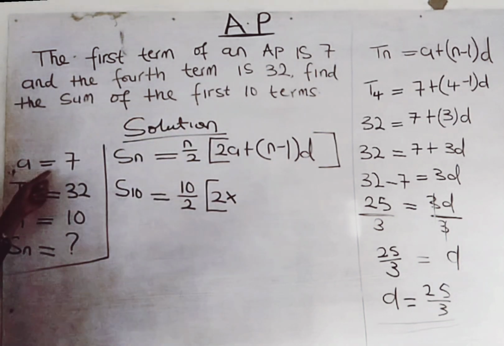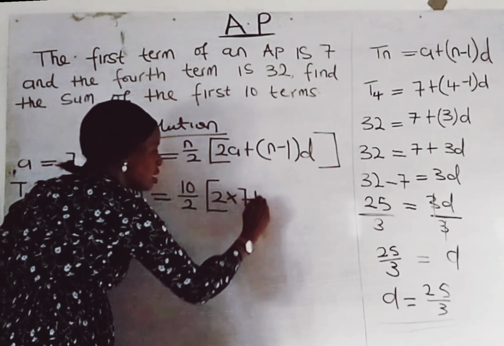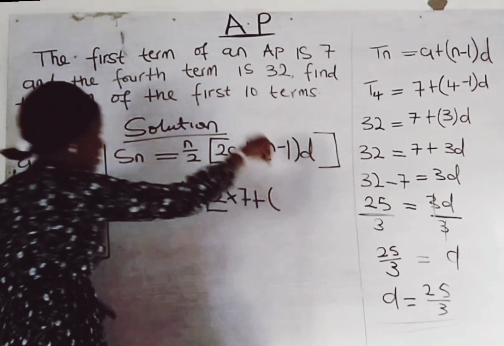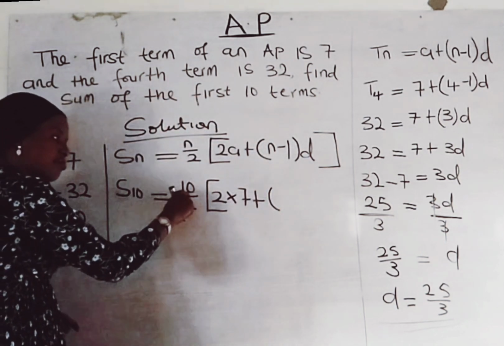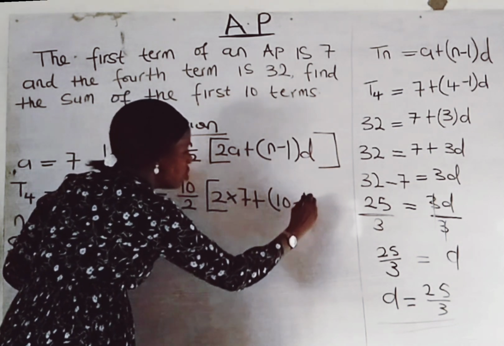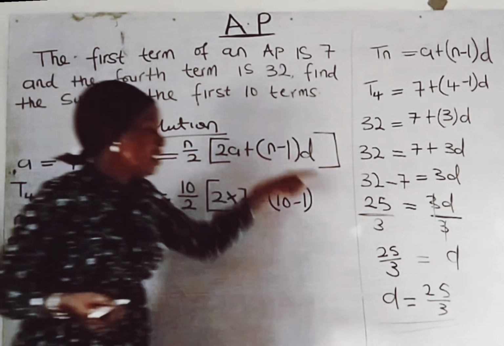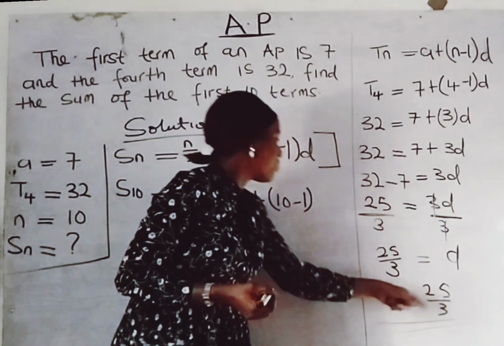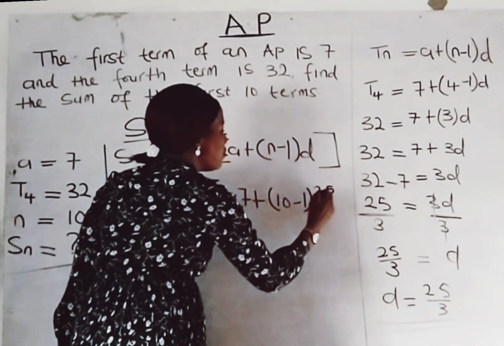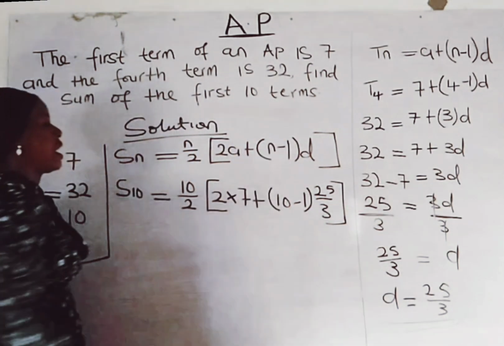Our a is what? 7. 7 plus, open this bracket, 10 minus 1, close the bracket. Our d is 25 over 3, so I'll write 25 over 3, close the big bracket.